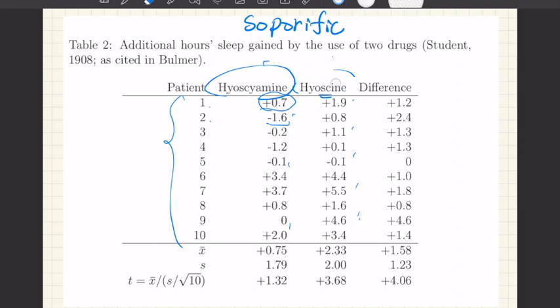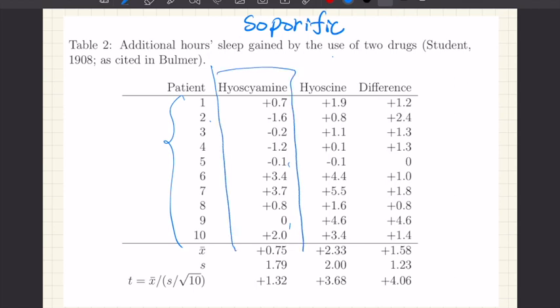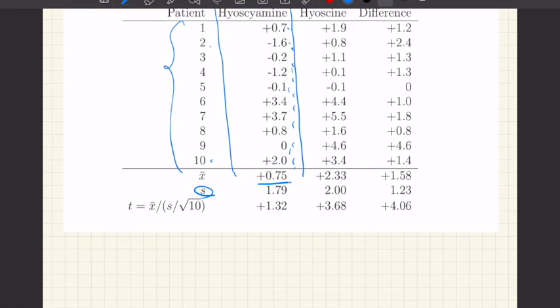Okay, so let's look at this part. And if we calculate the sample average, we should have plus 0.75. Okay, so we add all these and divide by 10, we have this. And small s, remember the definition? So first we calculate the sum. So there are 10 patients.